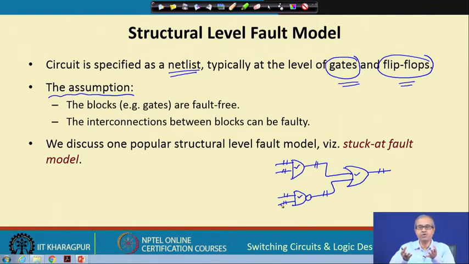But you may argue, why this kind of assumption? There can be a fault inside the gate also. But the logic is, there can of course be a fault inside a gate, but you think the fault may be such that because of that one of the inputs is permanently being treated as if it is at 0.